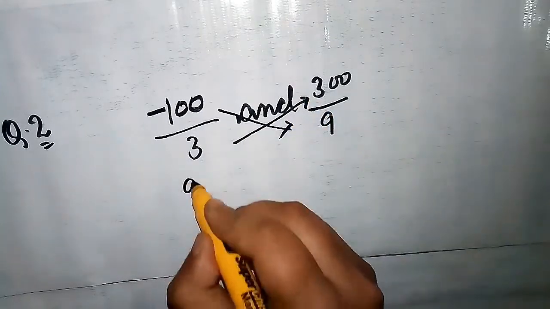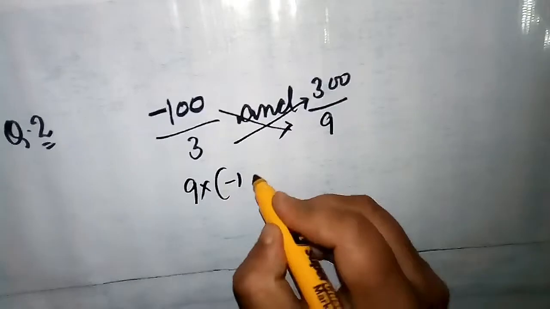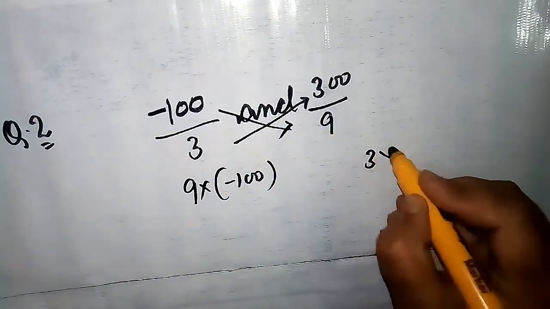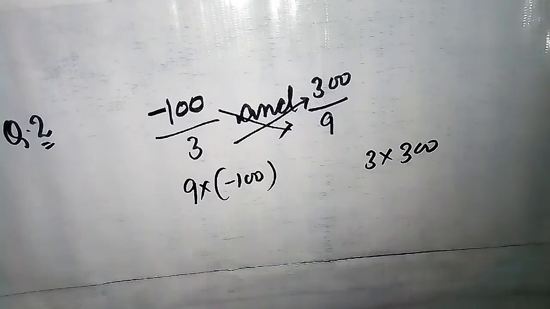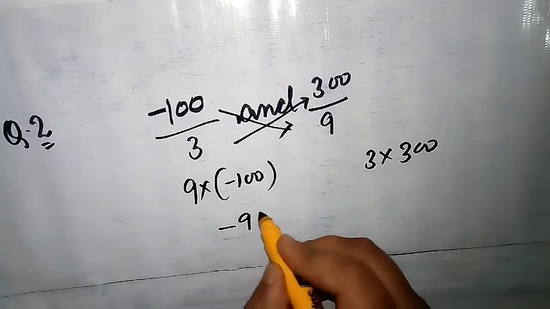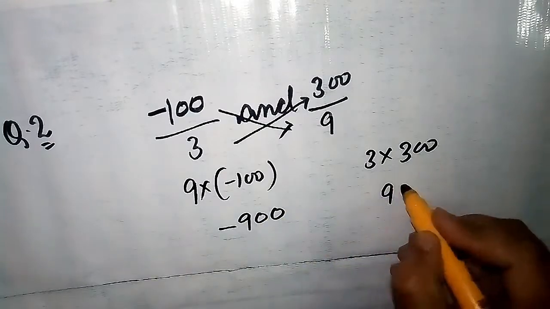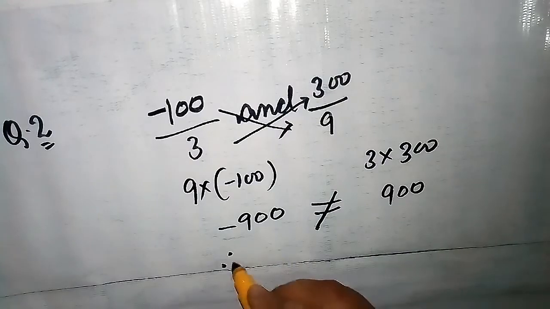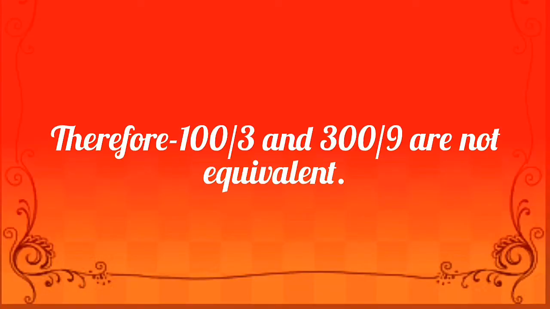On the left side we write 9 into minus 100 and on the right side we write 3 into 300. Now 9 into minus 100 will be minus 900 and 3 into 300 will be 900. They are not equal. Therefore minus 100 upon 3 and 300 upon 9 are not equivalent. Why? Because their cross multiplication is not equal.